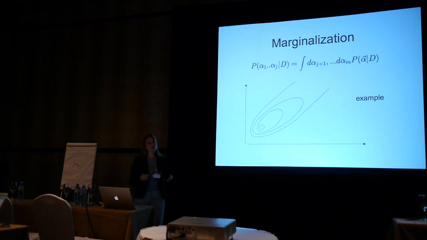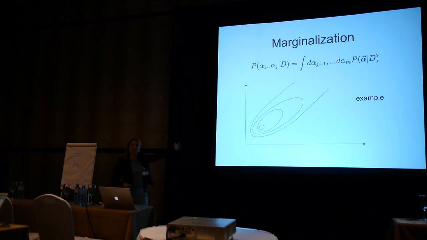And it follows from the definition we had about probability that the way of doing that is simply to integrate it over all the other parameters, the ones you're not interested in, and only leave the parameters you're interested in. In my example, it will be just alpha 1, so j is equal to 1, and that's omega matter. Okay.